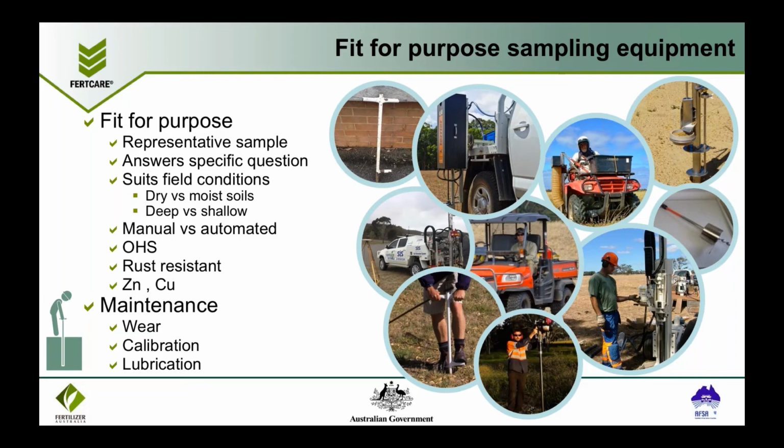Brass fittings, even studs on jeans, can introduce contamination from copper. The other really important thing for this equipment is that it's checked consistently for wear, that it's calibrated, and in some situations that equipment may need to be lubricated.